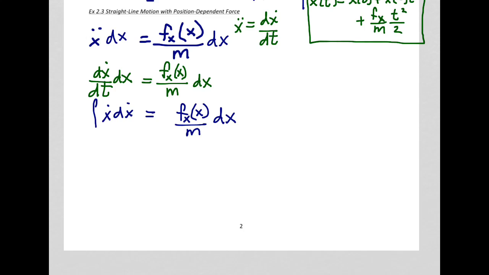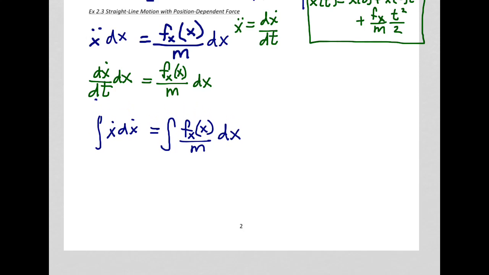So we're going to integrate both sides. Now we're integrating both sides by two different variables, which means that we need to apply two different boundary conditions to these variables. And so our boundary conditions now are, we need to have time 1 and time 2. And so the boundary conditions on the left-hand side are going to be the speed at time 1 and the speed at time 2.